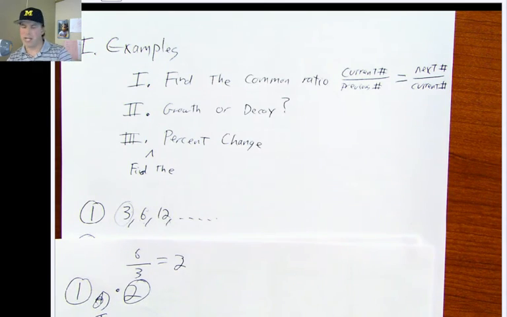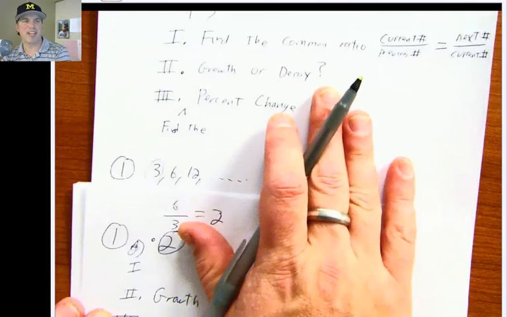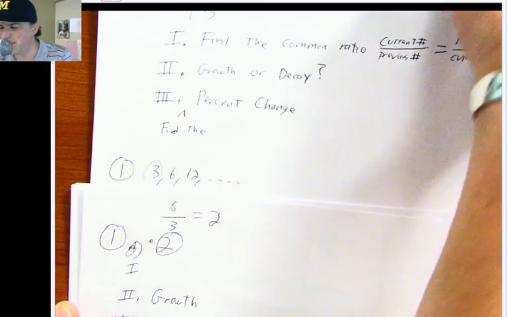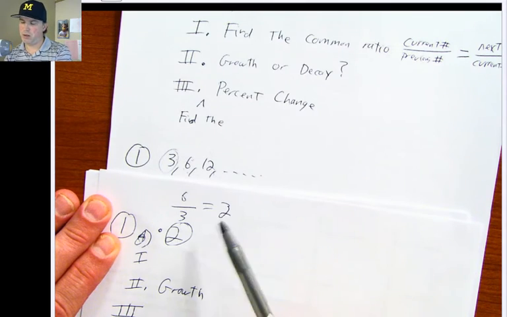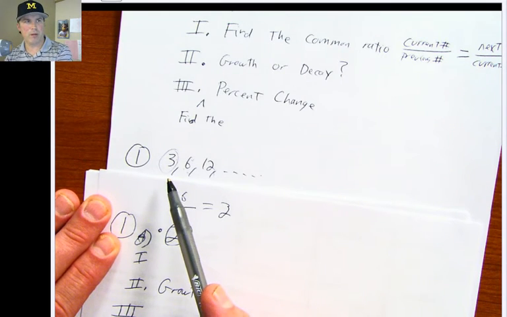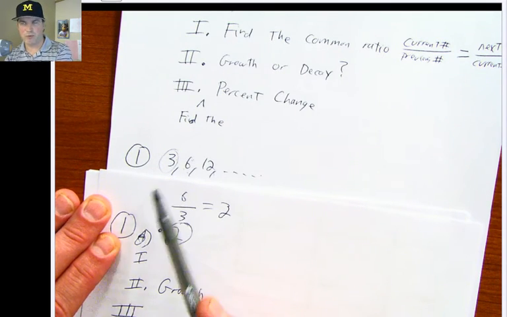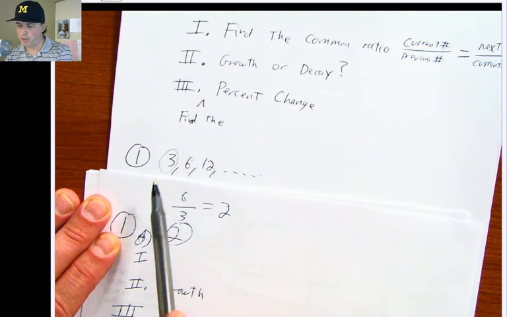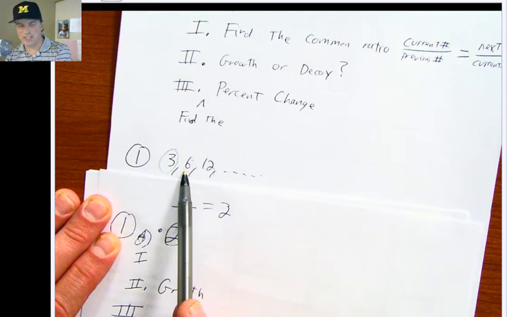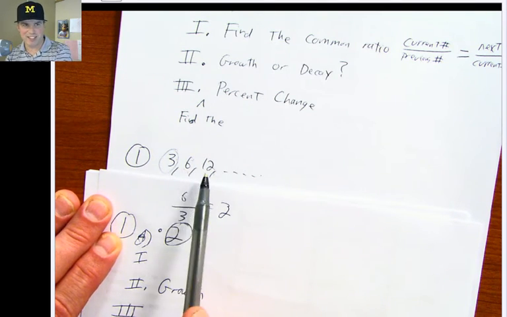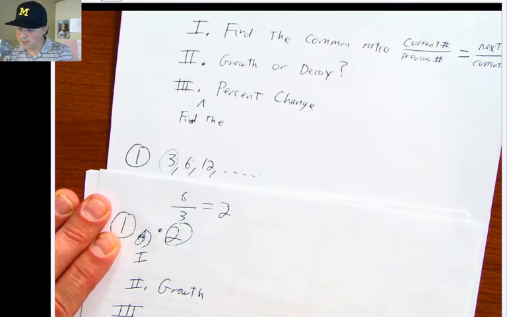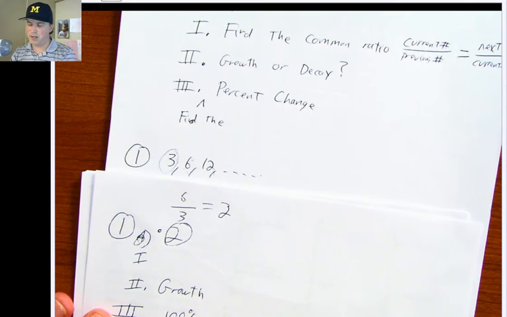That's 100%, because 100% of 3 is 3. So if we added 100% onto 3, we'd end up with 6. 100% of 6 is 6, and if you added that 100% to that 6, you'd end up with 12. So the percent change in this particular case is 100%.